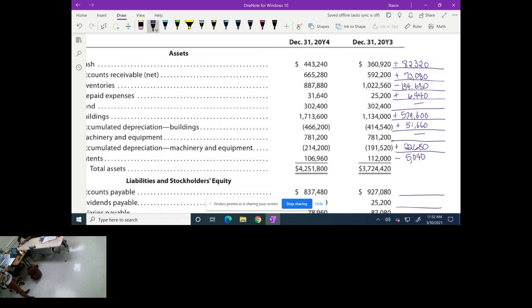Y'all agree with that so far? Yep, feel fine with it because you just copied it down. Yeah, you gotta do the liabilities too.